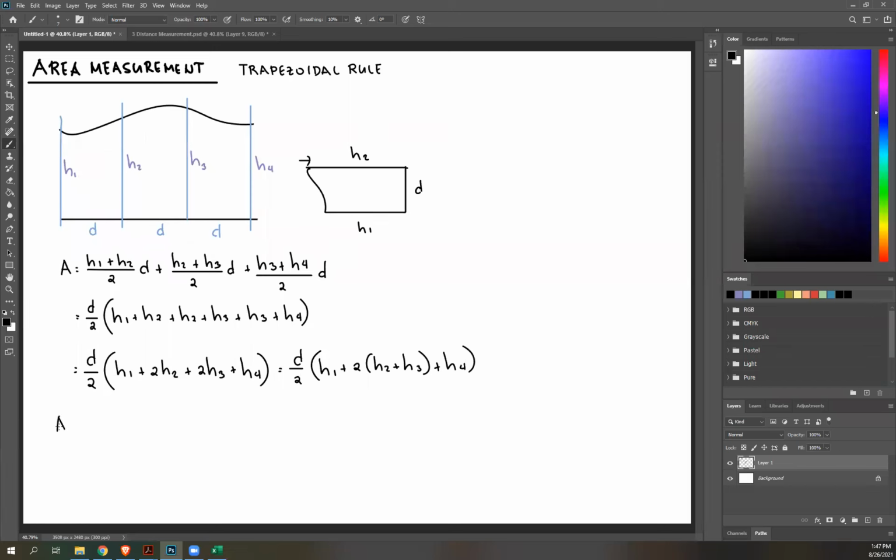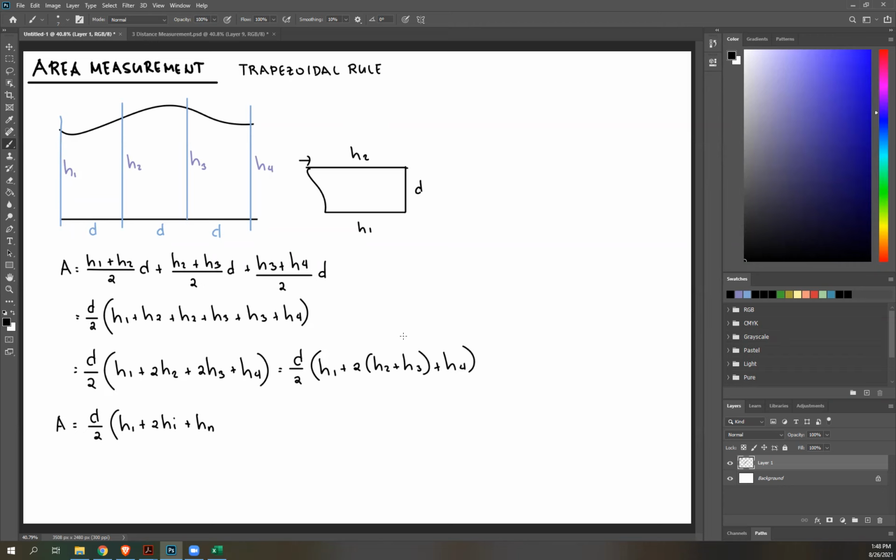So the general equation for area using the trapezoid method would be D over 2. H1 is the first offset. Again, H2 and H3 are your intermediate offsets, meaning the ones in between, so twice Hi, or the summation of Hi. And then the last offset, let's call that Hn, where n is the number of offsets.